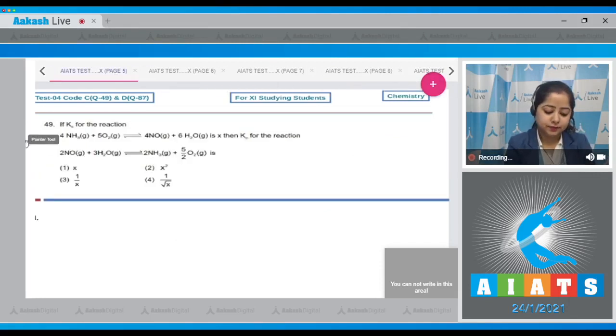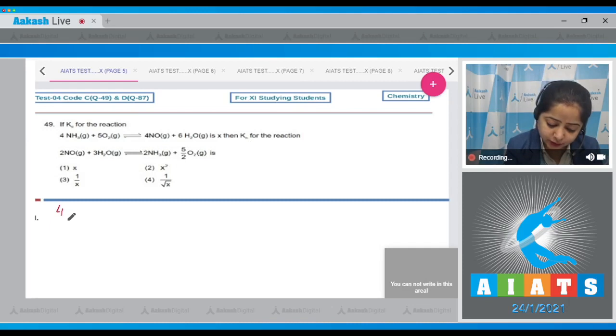Let's read it. If Kc for the reaction 4NH3 gaseous plus 5O2 gaseous gives 4NO gaseous plus 6H2O gaseous is X, then Kc for the reaction 2NO gaseous plus 3H2O gaseous gives 2NH3 gaseous plus 5 by 2 O2 gaseous is.